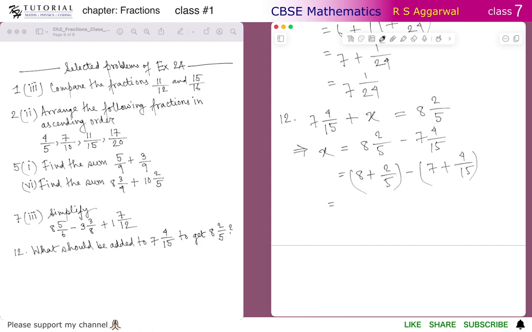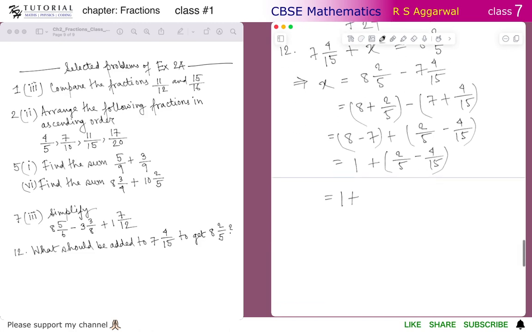Now 8 minus 7, if we group the natural numbers and the fractions, this becomes 1 plus 2 by 5 minus 4 by 15. Now I am directly computing the value of 2 by 5 minus 4 by 15.